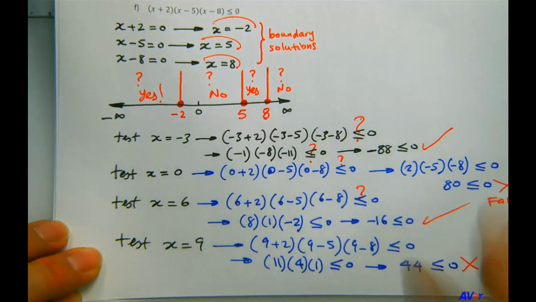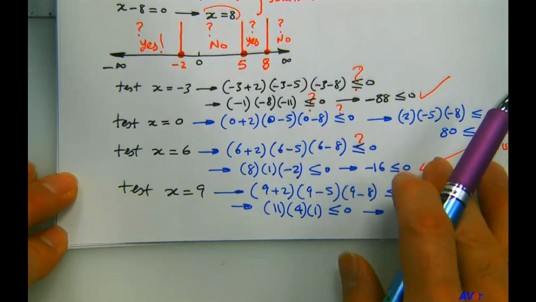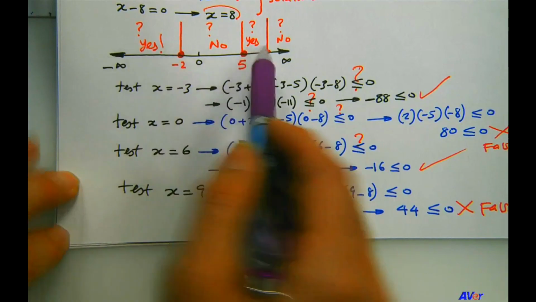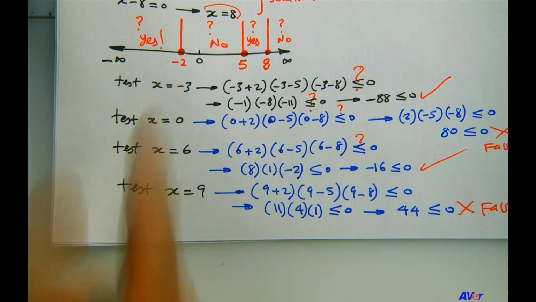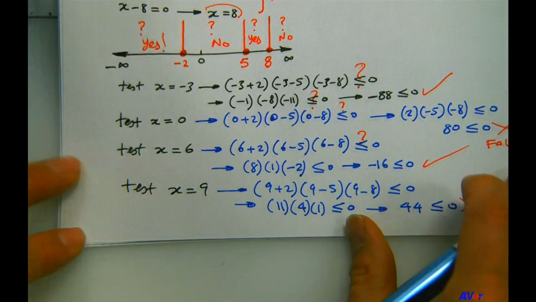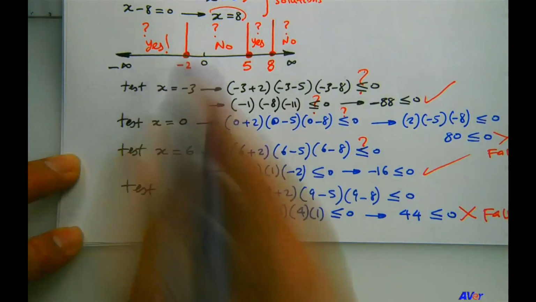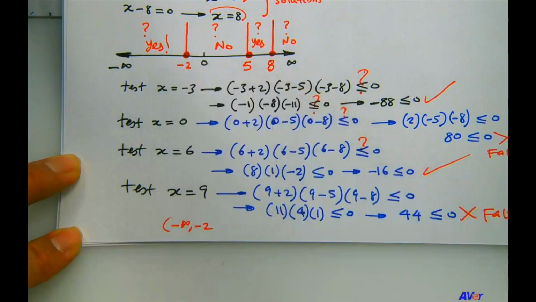So the solution region, according to this, and I'm going to have to move this up so you can see better, the solution region is just here and here. So let's write that up. The solution, we have to write that out using the interval notation. So the solution is negative infinity to negative 2. When I get to negative 2, should I use a parentheses or bracket?